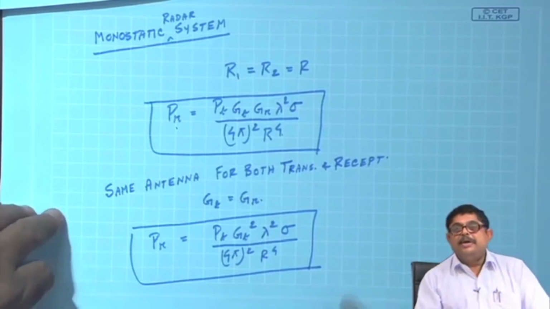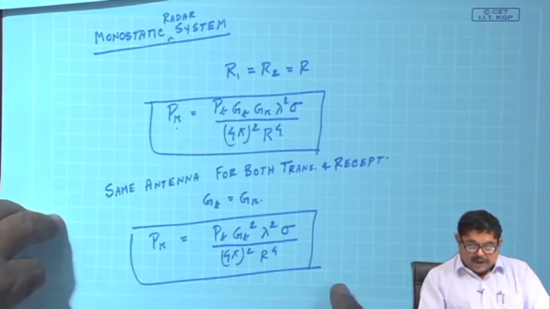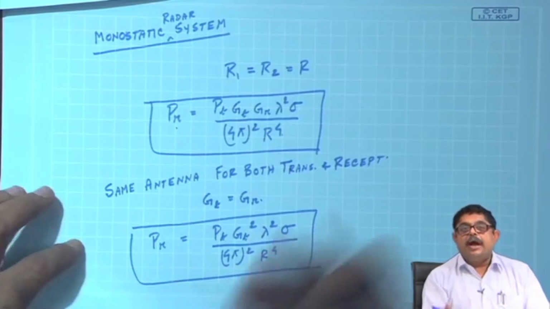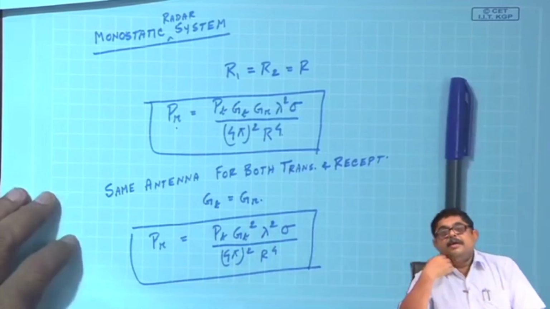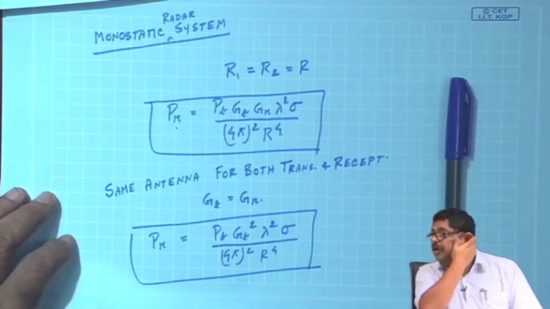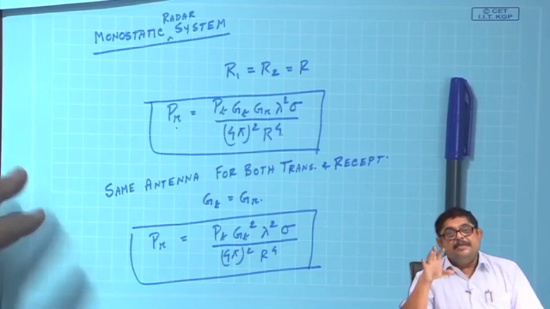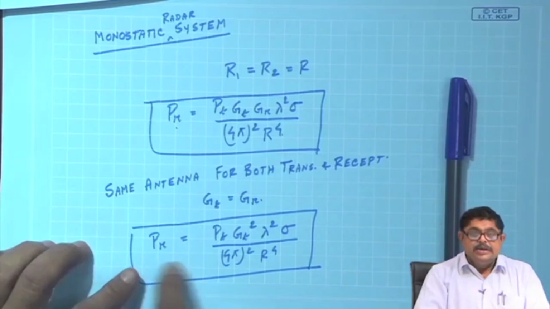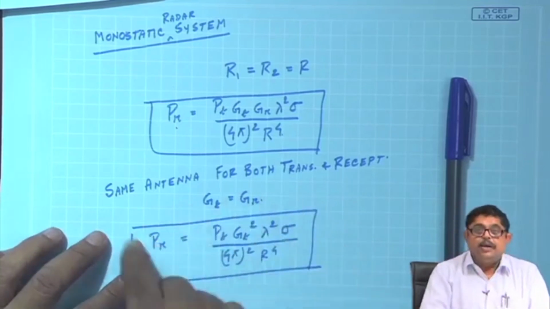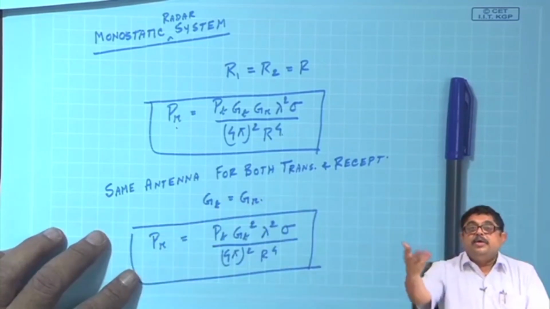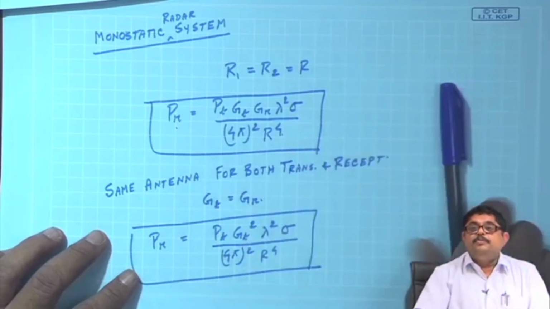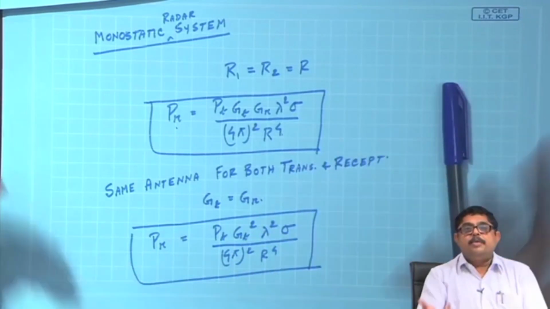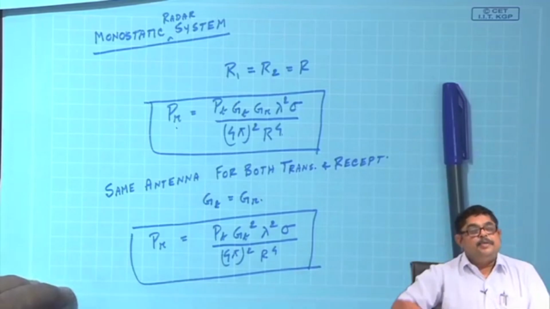Now, from here I will be deriving various basic parameters of radar, and by that we will start getting an understanding of it. Unless we have this model, we could not say what those parameters will be. For example, one parameter is that radar is for ranging.